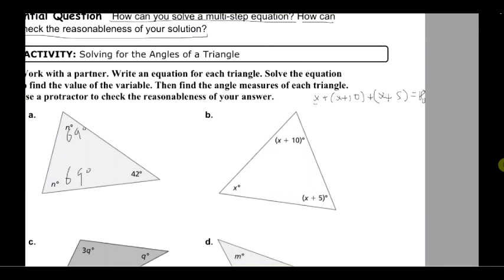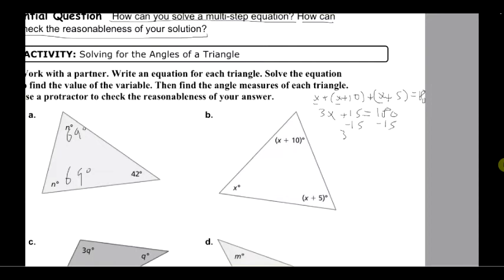We have x plus x plus x, so that would be 3x, and we have 10 plus 5, which is 15, equals 180. And then subtract 15 from both sides, because it's farthest away from where the variable is.